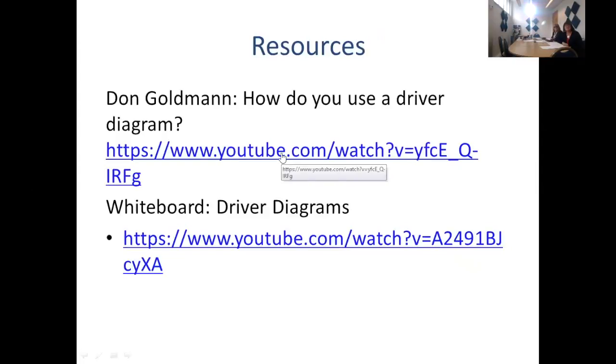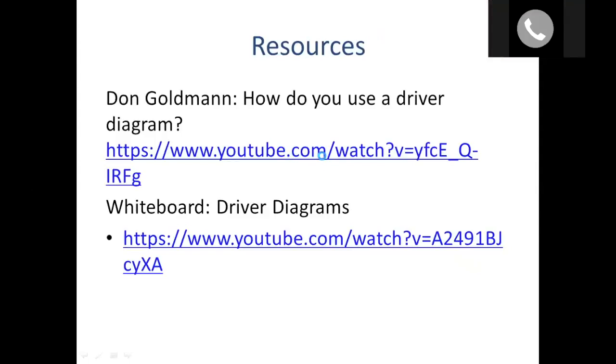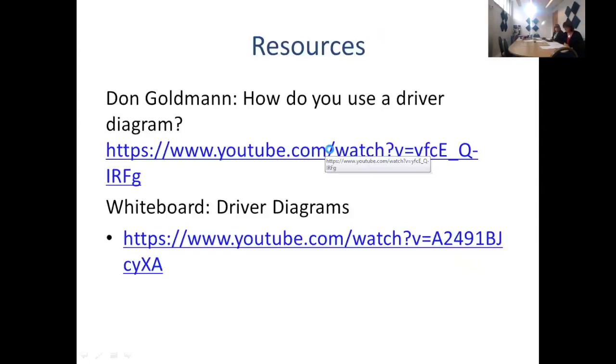So the next slide brings us on to some resources, and these resources are widely accessible out there. All being well, we may need Amber's help for this next section, but we're going to watch the clip off YouTube of the Don Goldman presentation from the Institute for Healthcare Improvement.